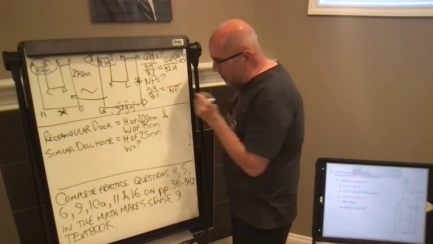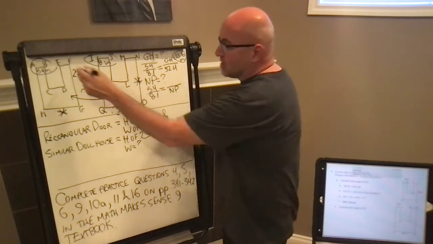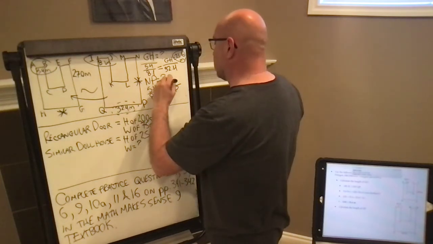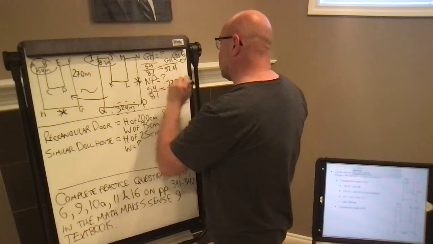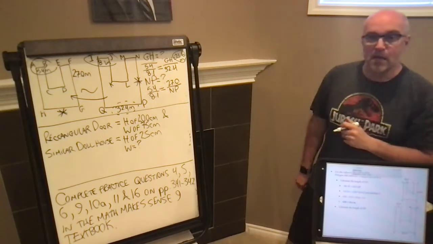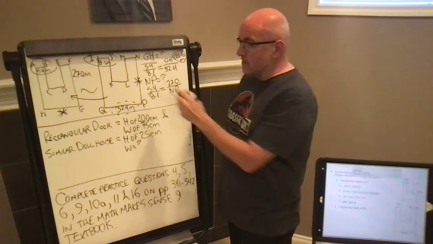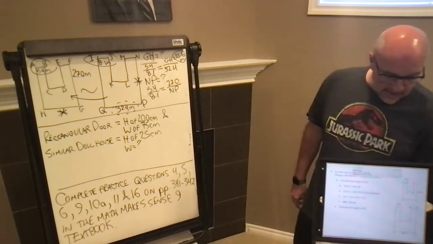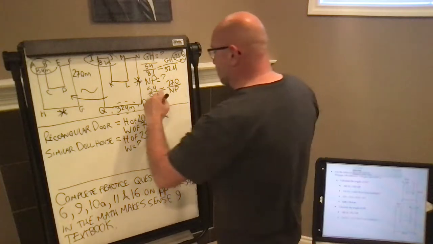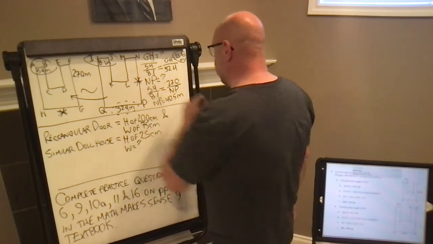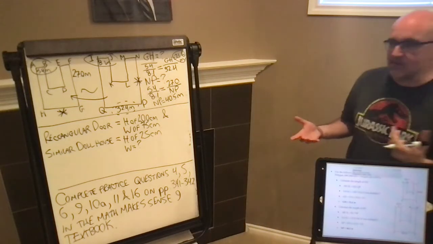Luckily, I do know the value of its corresponding side on the smaller object, which is 27.0. So I'm going to put down 27.0 there, and then I'm just going to cross multiply. 27 multiplied by 8.1 divided by 5.4, and that's going to give me a value of NP as being 40.5 meters.